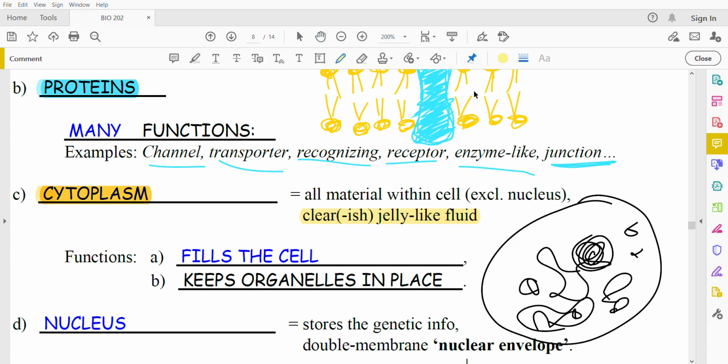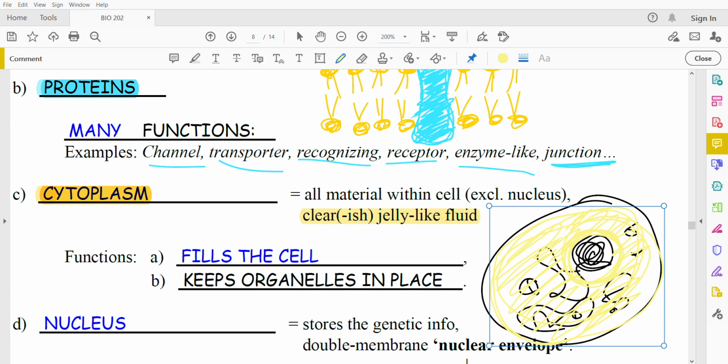Cytoplasm is all that liquid inside the cell, and it includes all these cell organelles with the exception of the nucleus. Nucleus is not part of the cytoplasm, but everything else within the cell would be. So that's our cytoplasm. So if you think, why do we have cytoplasm?